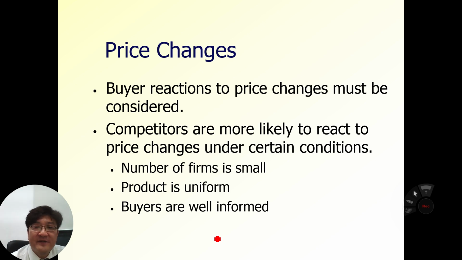If the product is all the same and you sell at a lower price, then your competitor will cut their price too, because they know that people are going to buy your product. By the way, when the product is uniform, we call this a commodity market.